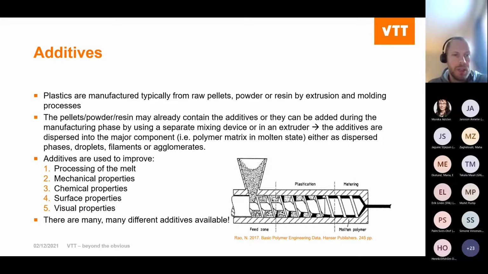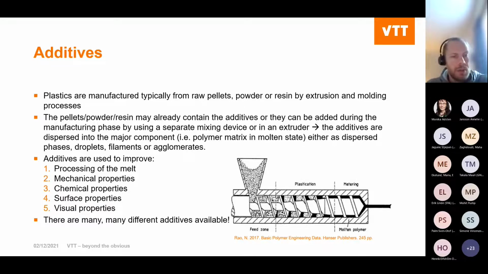These raw materials, pellets, powders, and resins, may already contain the additives, or if not, they can be added during the manufacturing phase using a separate mixing device or an extruder, as shown here. Generally, the additives are dispersed into the major component, that is the polymer matrix, in the molten state, either as dispersed phases, droplets, filaments, or agglomerates.